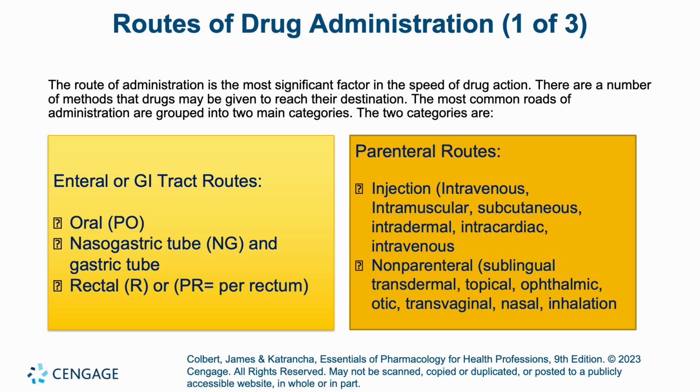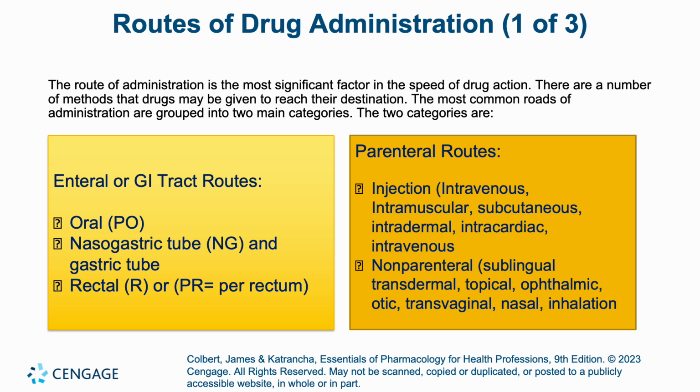And then when you look at parenteral routes, there are injections, so intravenous, like an IV, intramuscular, like a shot that goes directly into the muscle, subcutaneous, intradermal, intracardiac, and that is medications that are obviously not going directly into the gastrointestinal tract.